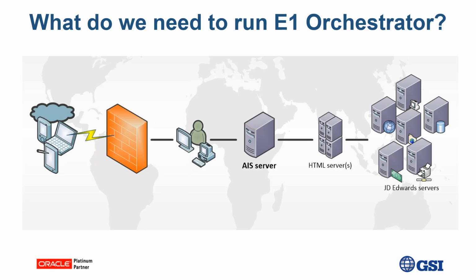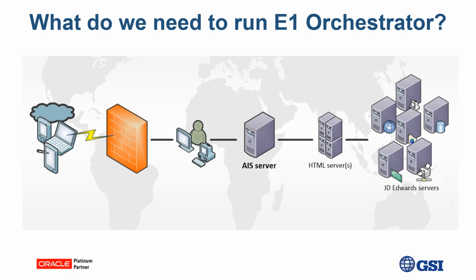This slide shows a high-level view, and we'll save the detailed illustrations for future webinars. But to summarize, JD Edwards AIS sits in the middle of JDE servers. As you can see, the HTML server is in between the AIS server and all the JD Edwards Enterprise Server, database, and everything that runs your traditional JD Edwards system.